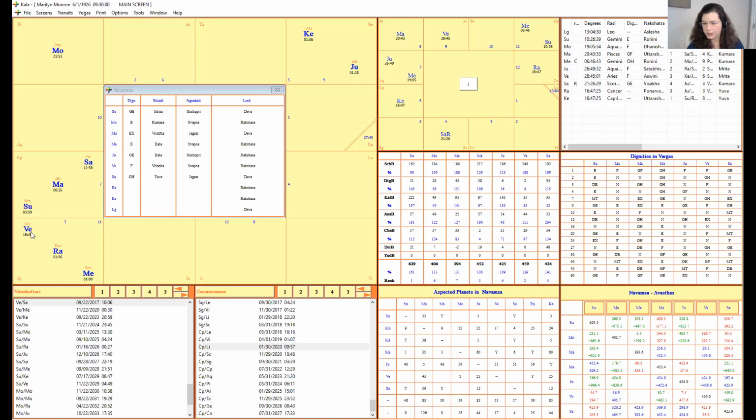And the Venus here is getting hurt by the moon to 166.7 points and by Saturn to 423.9 points.